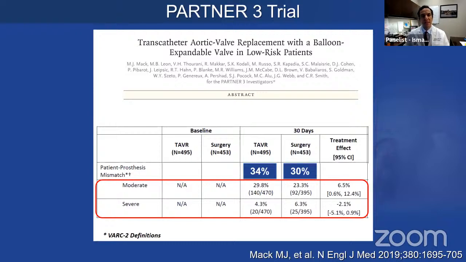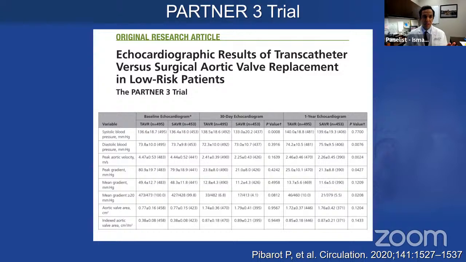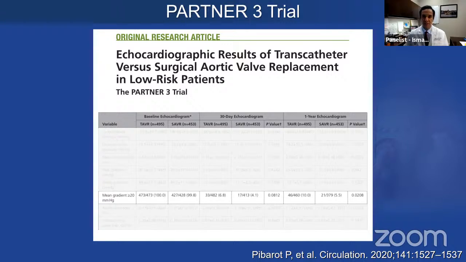So PPM is still, even to this day, although many of the surgeons involved in this trial were aware of the importance of putting in large valves and avoiding PPM, it remains a very prevalent problem. And in fact, when we look at the 2-year echocardiographic data from the PARTNER 3 trial, I'll just draw your attention to this one line, which I think is very relevant.